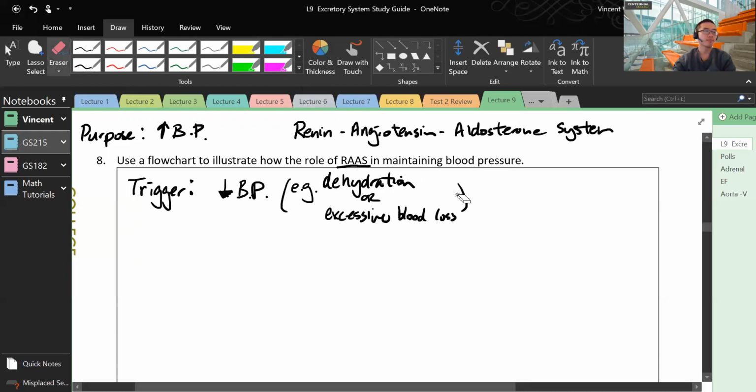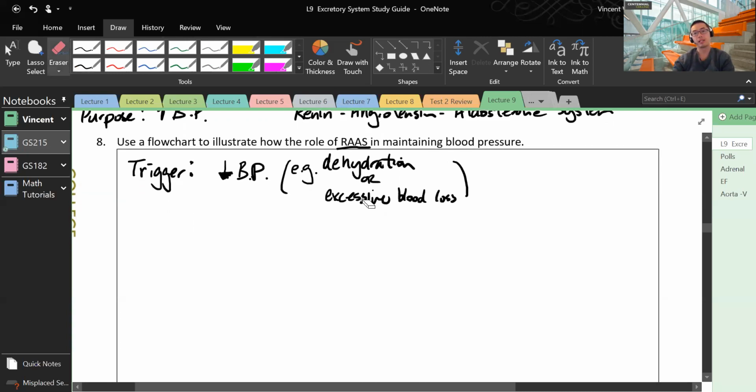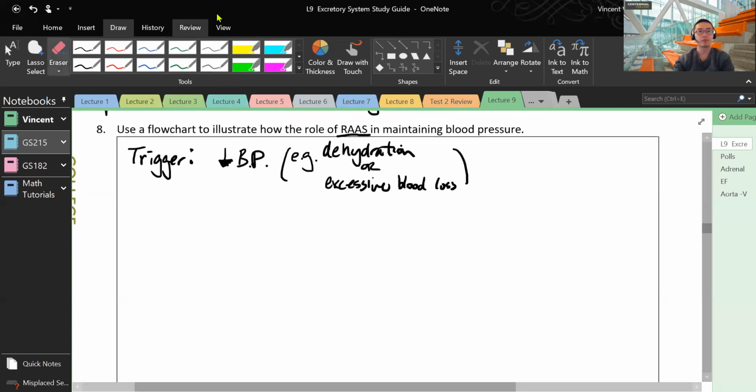When you change position, you might feel a little bit lightheaded if you get up really quickly because the blood gets pulled down. But generally, blood pressure will not change drastically when you change your position. But good try though. So these are some possible reasons why you might have a drop in blood pressure.